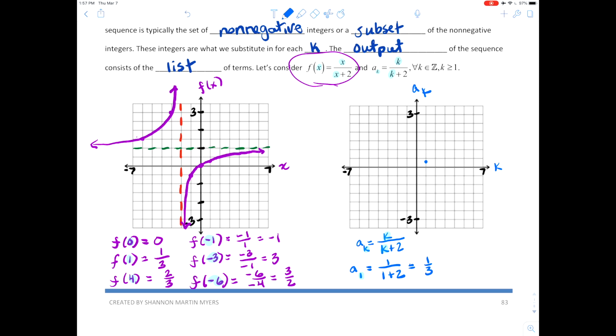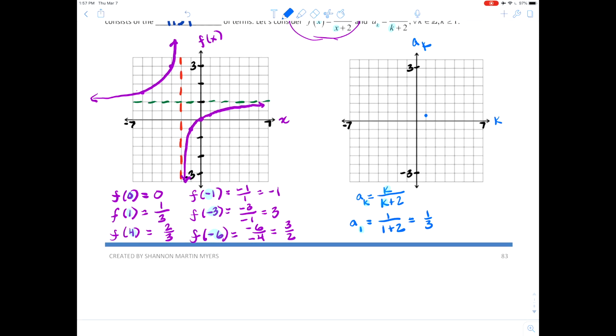Do you see that this graph will be equivalent to the graph of f of x at all of the positive integers? Awesome. So continuing, I'll do a couple more so you can get the feel for it. A sub 2 is 2 over 2 plus 2, which is 2 over 4, which is 1/2, see?